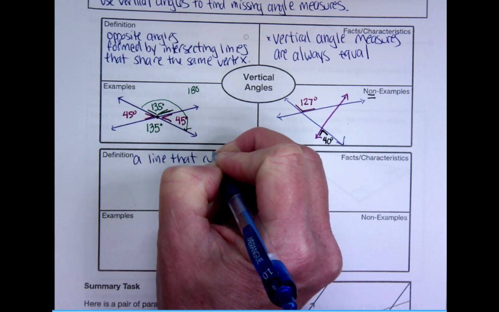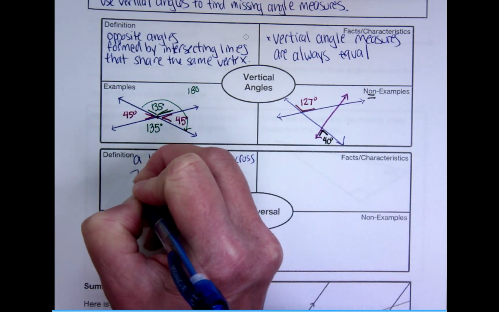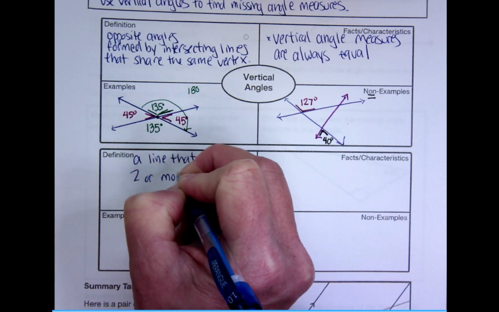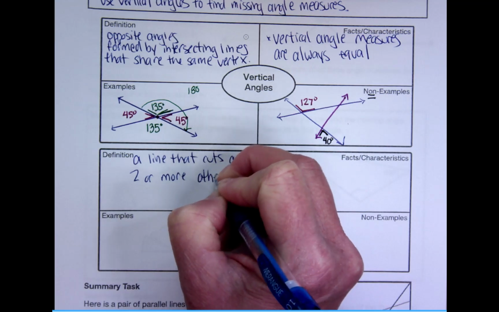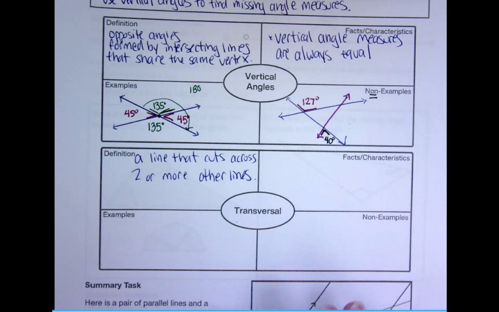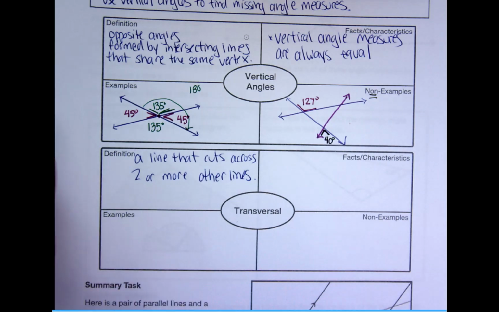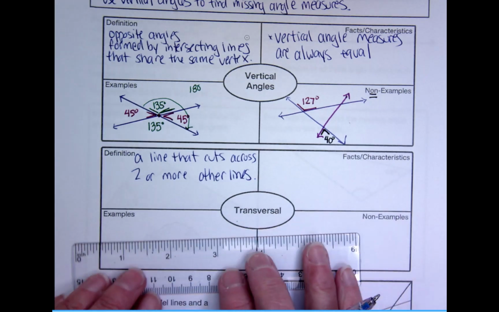Line that cuts across two or more other lines. And we're going to be looking at how a transversal can cut across two parallel lines. In fact, I'm going to go ahead and draw two parallel lines.